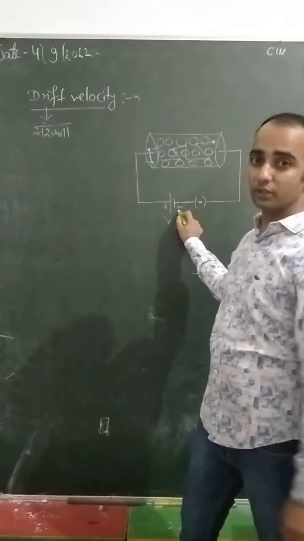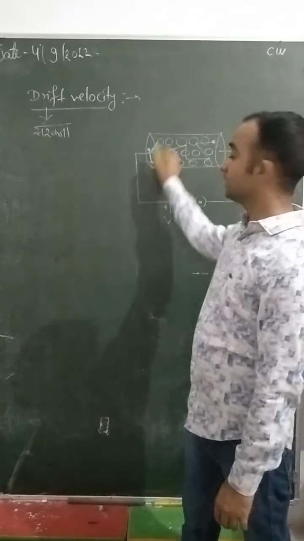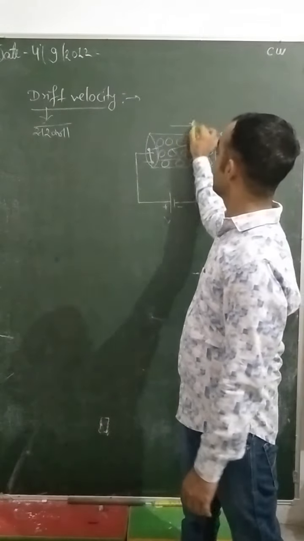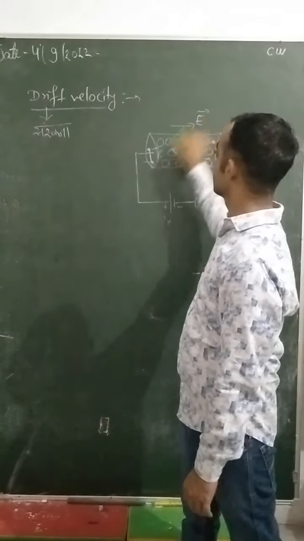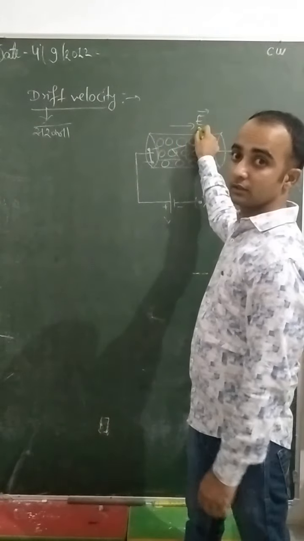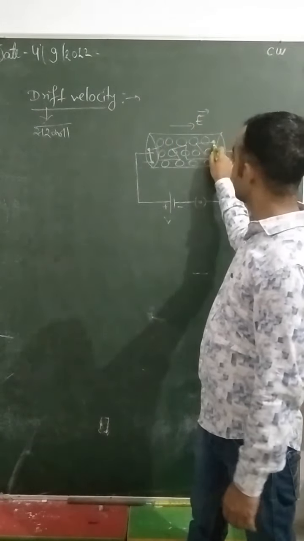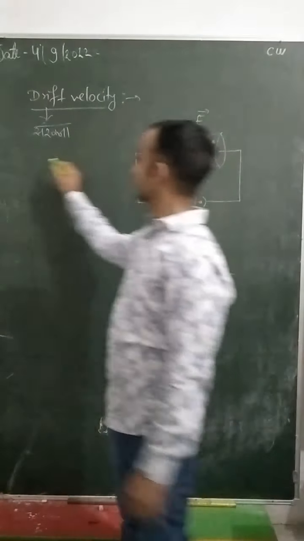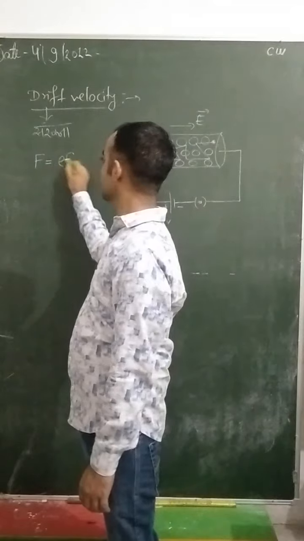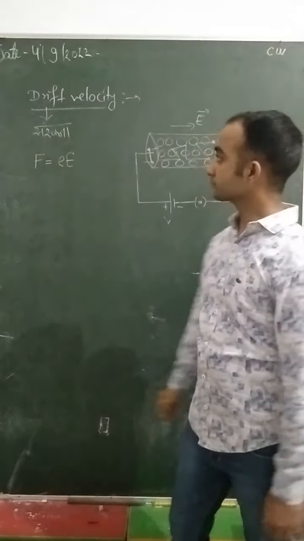When we apply a potential difference, then there will be an electric field across the conductor. So the electric field will be set up in this direction, positive to negative, and this electric field will exert a force on this electron, and that force is equal to qE.